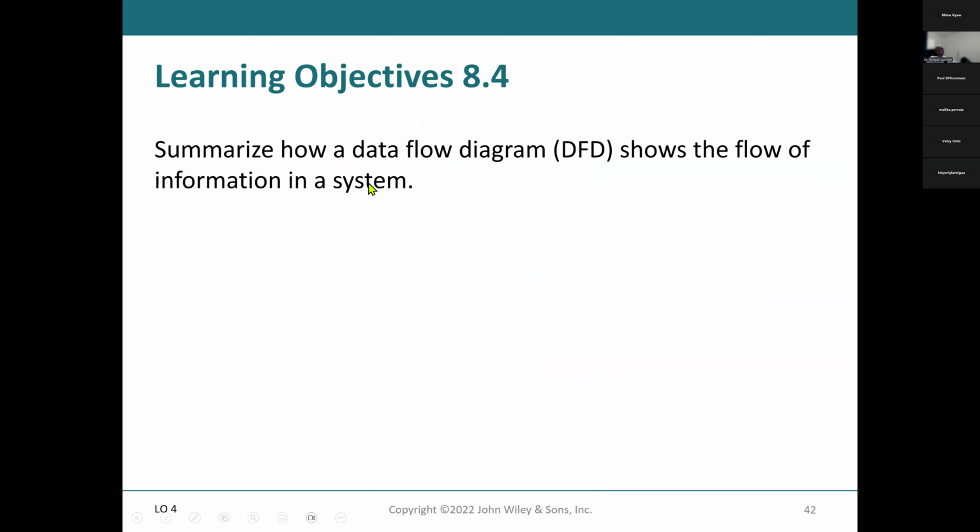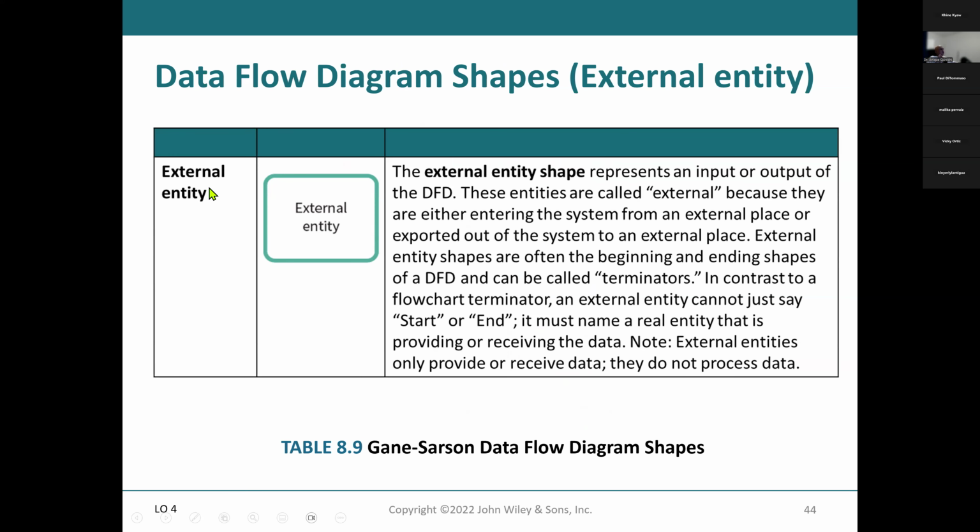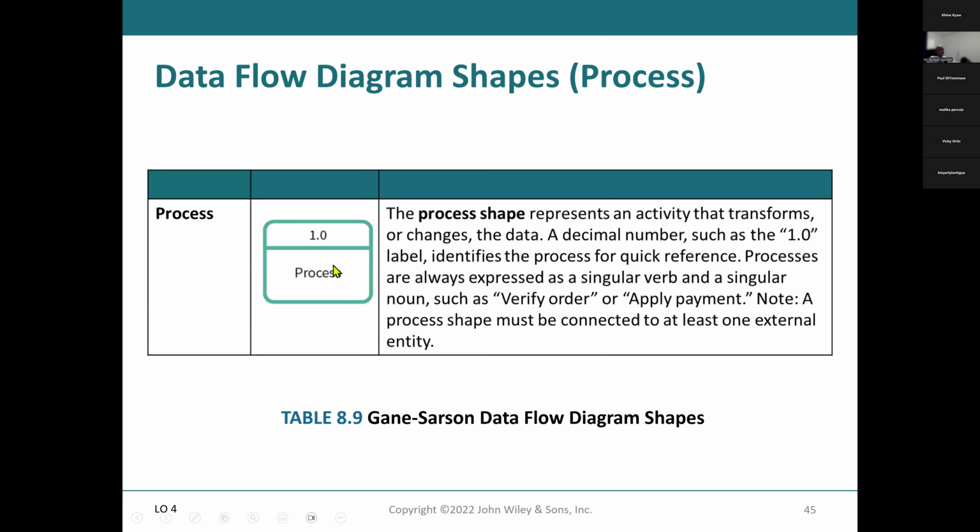Okay, so all right, so within the data flow diagram, again, we have the same thing with these symbols. I'm not going to spend too much time with data flow diagrams. It's not as critical for us.